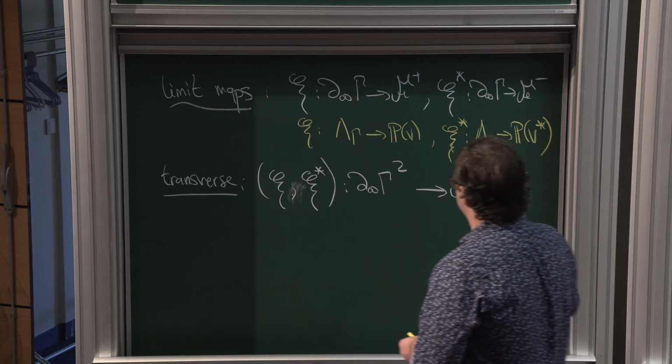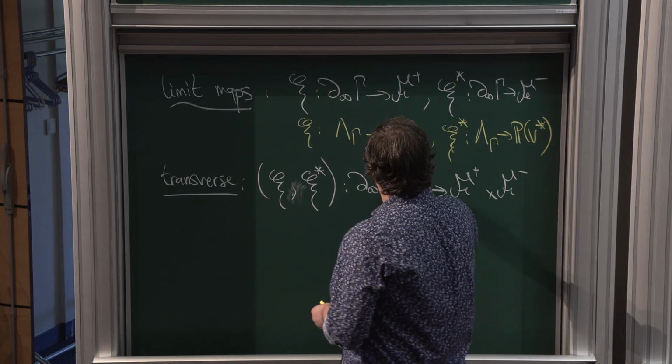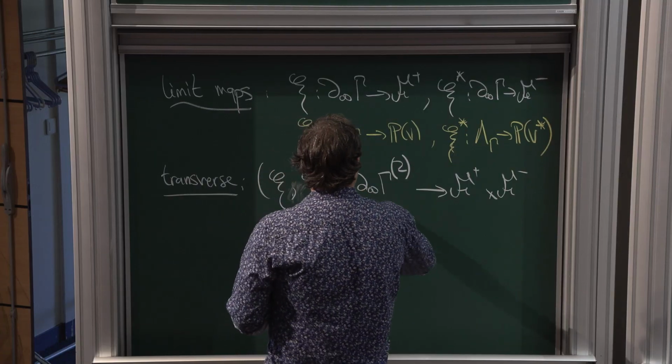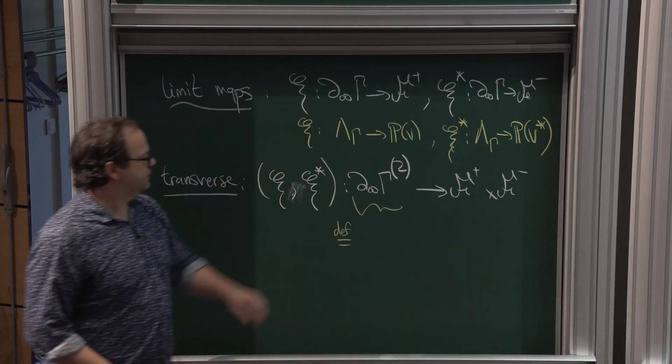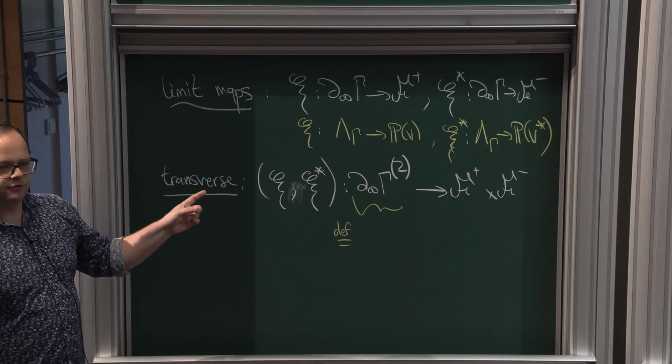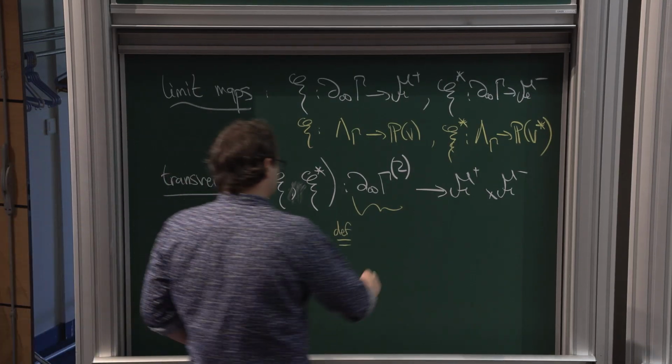Right? So you want this to send this space here, where the parenthesis around the 2 means that it's distinct pairs.